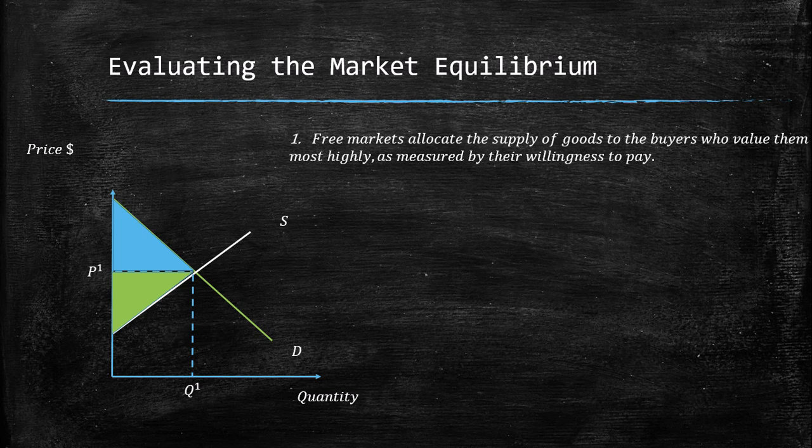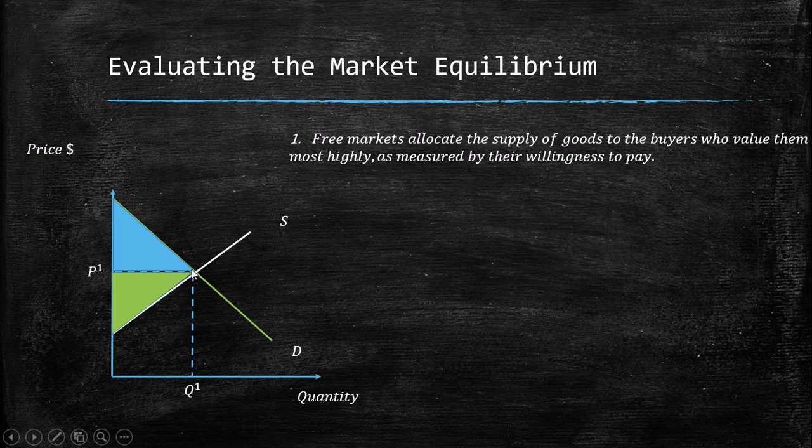Okay, so the most important fact is that free markets allocate the supply of goods to the buyers who value them most highly, as measured by the willingness to pay. Remember that only this part is participating, because these others are not going to offer more because of the price, and they are not going to demand more because the price is higher.